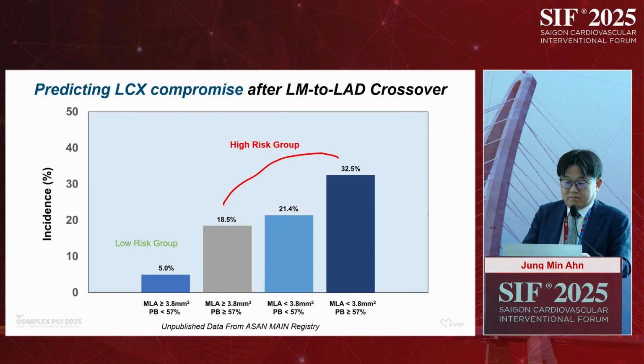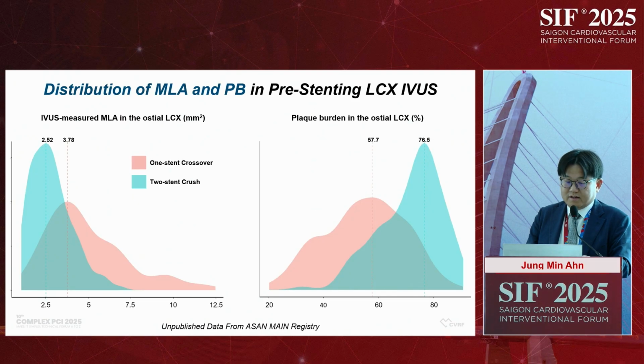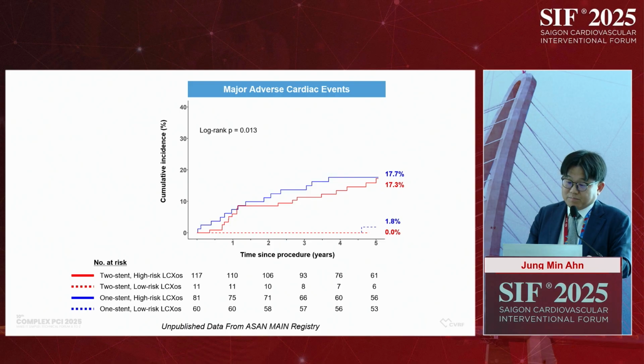So we grouped the high-risk group and low-risk group, and we compared them with the upfront two-stent technique. As we expected, the upfront two-stent technique was used for smaller lumen and larger plaque burden. But this is the Kaplan-Meier curve: two-stent technique in high-risk circumflex ostium and one-stent technique in high-risk circumflex ostium had a similar event rate.